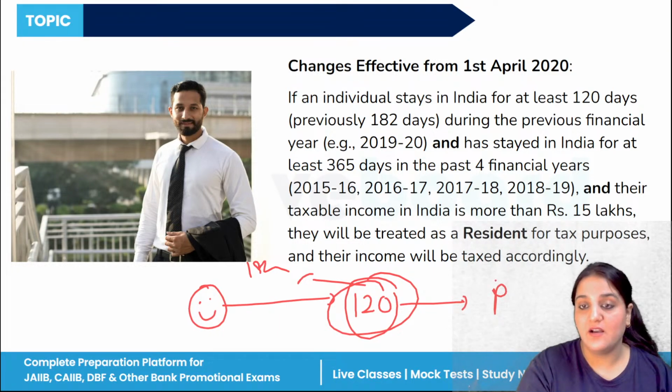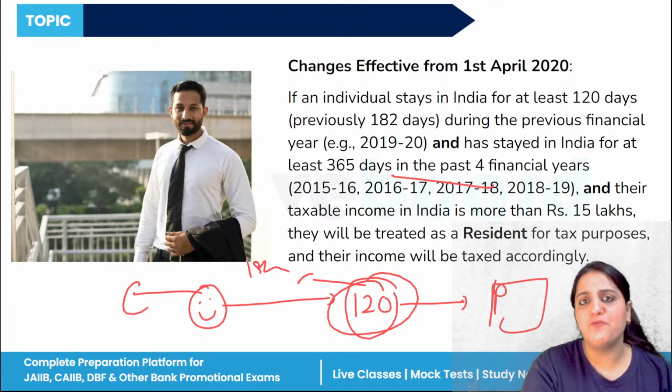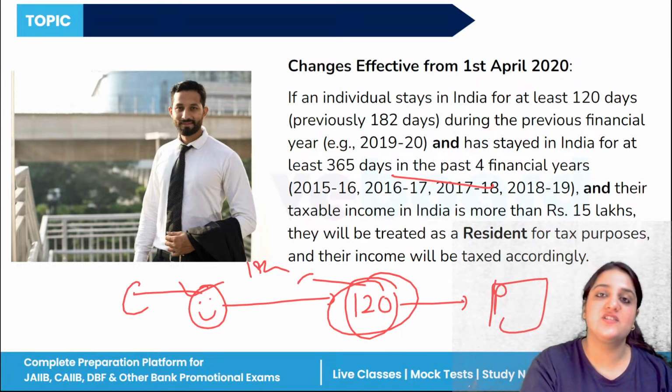and has stayed in India for at least 365 days in the 4 financial years, or if this person is earning more than 15 lakh, then that person is considered as resident for tax purposes, and their income will be taxed accordingly.